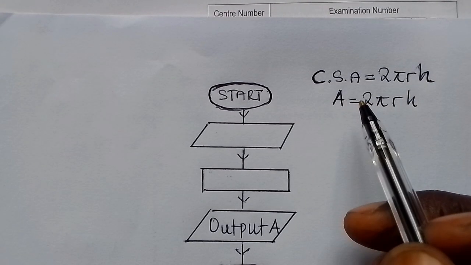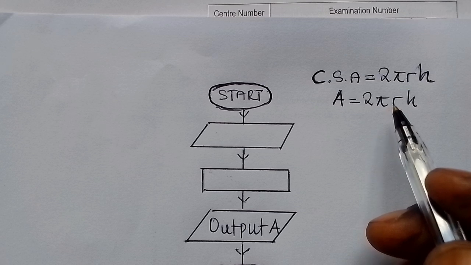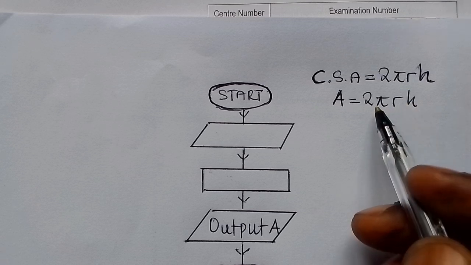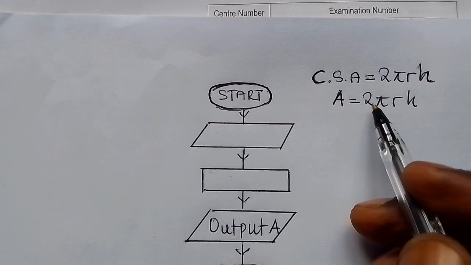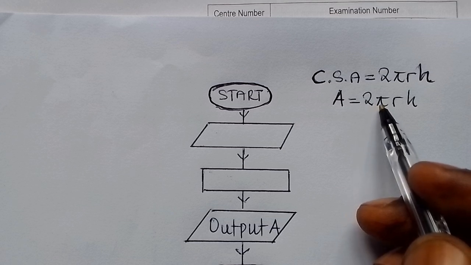And in this formula, there are two variables, as I said. The variables are radius and height. The first two, 2 and pi, are constants. 2 is a constant and also pi is a constant.